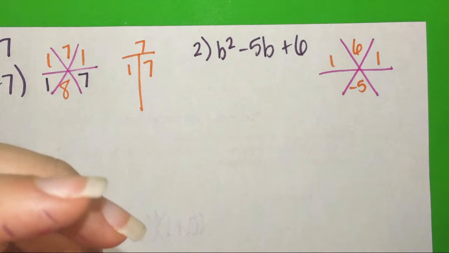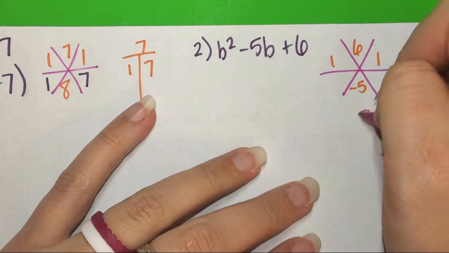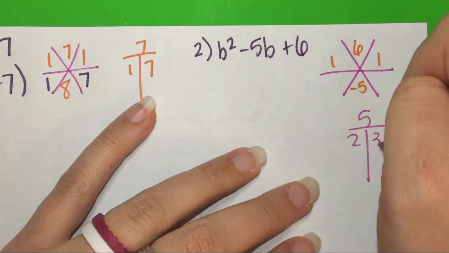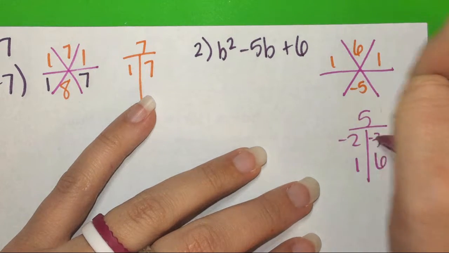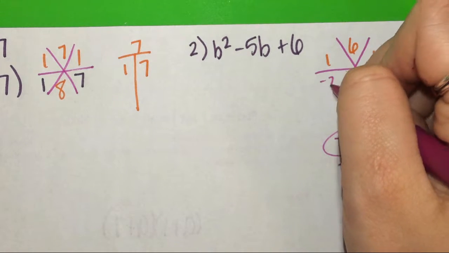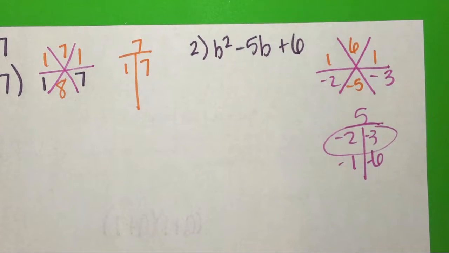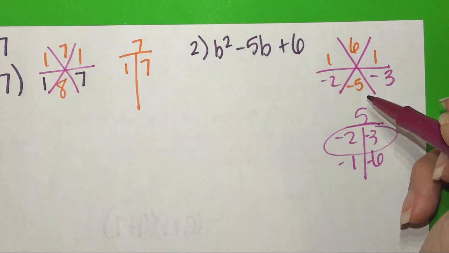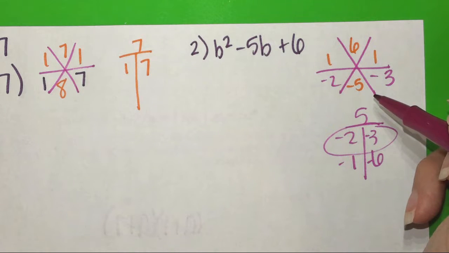2 and 3, 1 and 6. Alright, Reggie said that we're going to do 2 and 3, 1 and 6, and they're both going to be negative. What's negative 2 plus a negative 3? Negative 5, is that what we need? Negative 2, negative 3. And you get negative 5.